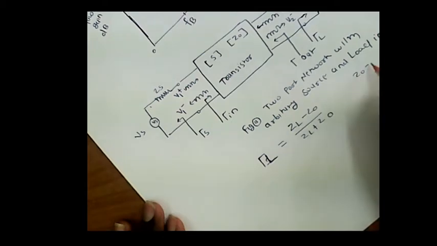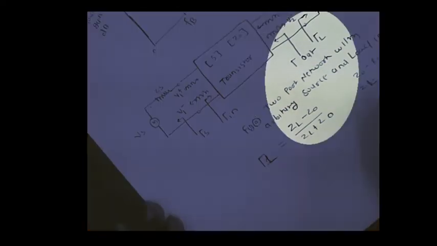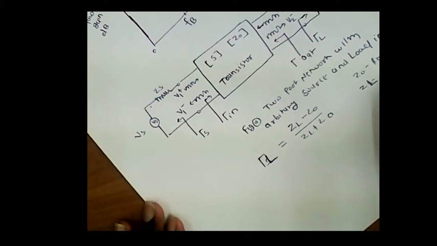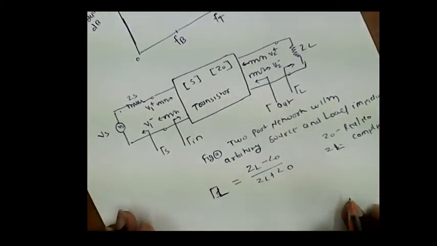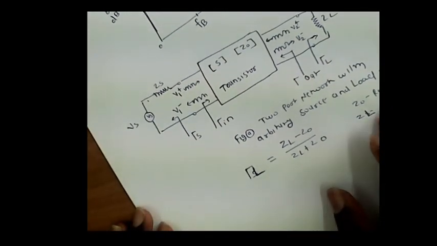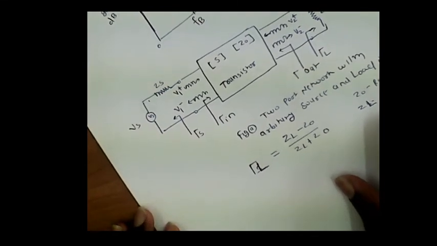Z naught is a real number and ZL is a complex number. So your reflection coefficient is a combination of real number plus complex number.